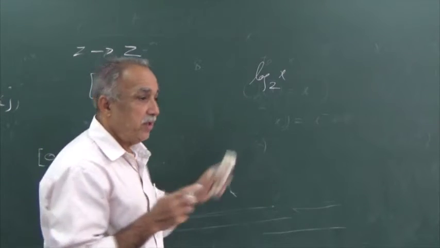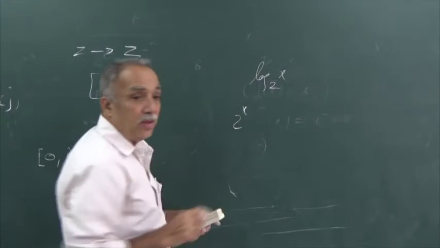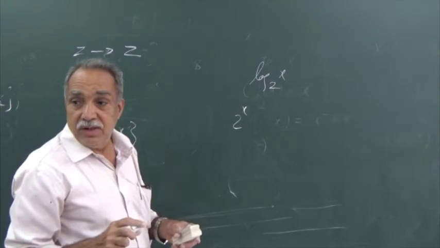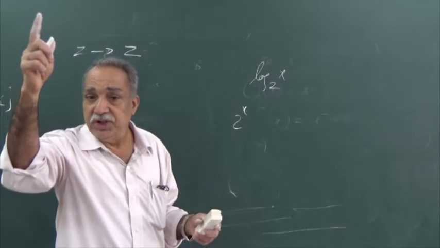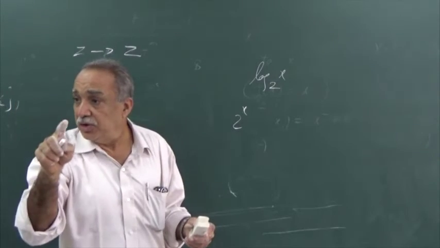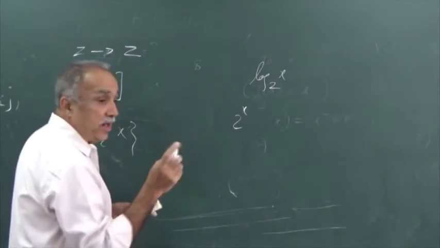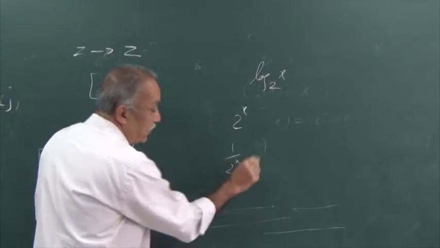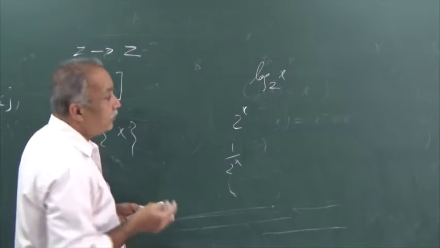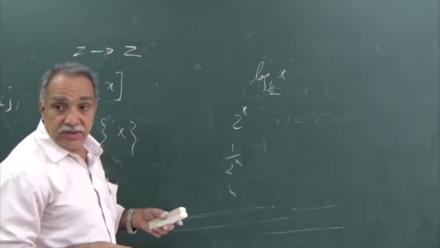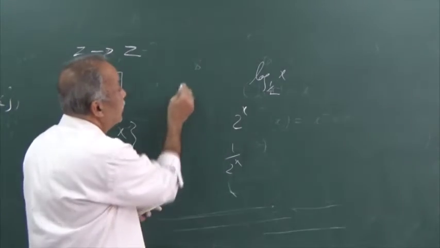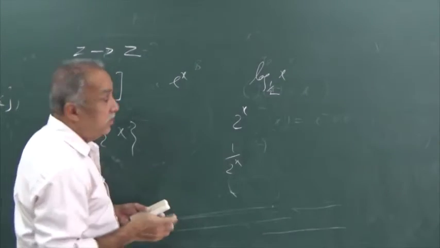No, it is 1-1. Imagine the graph if you want. It is a monotone increasing graph. Draw any horizontal line. The graph is intersected at a single point. Is 1-1.